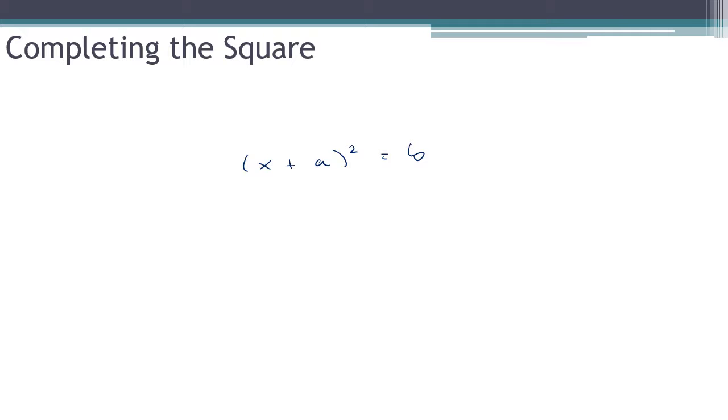So to really make this generally useful, what we need to be able to do is take a generic equation like ax squared plus bx plus c equals 0 and come up with a way to manipulate it so that it looks like this thing up here. And it turns out there is a way we can do this.